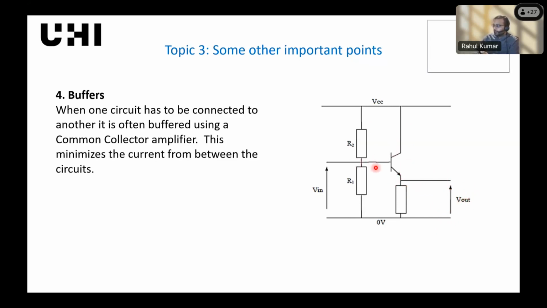Here, you apply the input to the base emitter, and you collect the output from the emitter side. So that introduces a very large input resistance. Right? It would act like a buffer. So basically, we can implement a buffer using a transistor connected in this configuration.